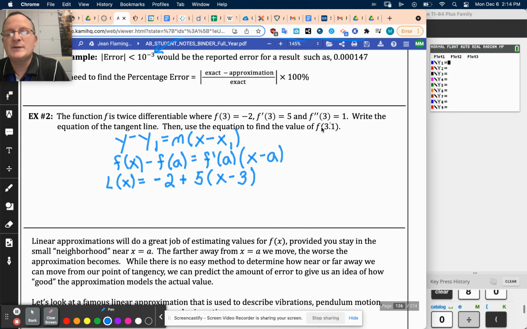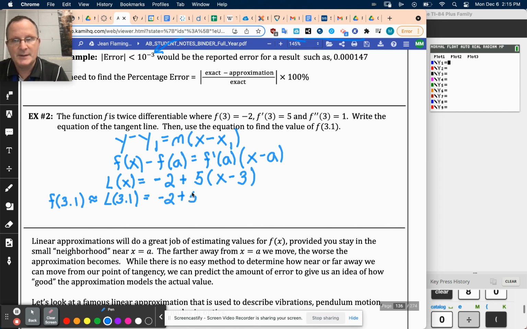And so then it says use that equation to find an approximate value of f of 3.1. So I could say this: f of 3.1 could be approximated using L of 3.1. And so that's going to be negative 2 plus 5 times 3.1 minus 3.